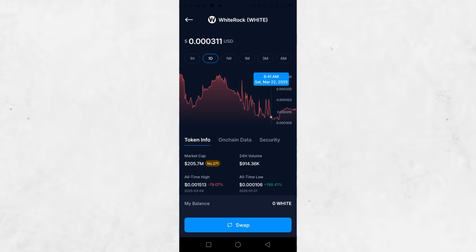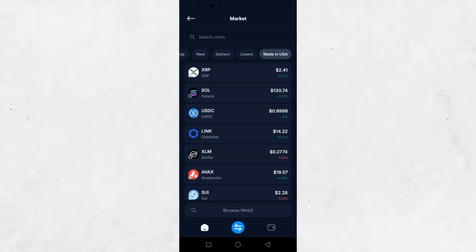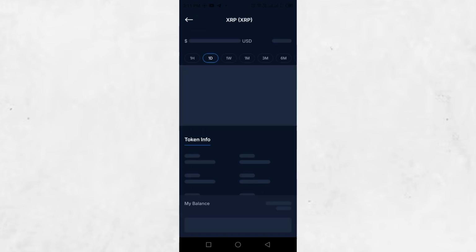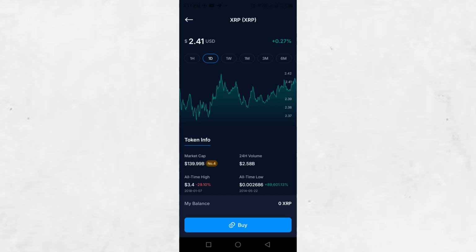The Made in USA category is dedicated to cryptocurrencies that originate from or are primarily operated within the United States. It highlights projects with a strong US market presence, regulatory compliance, and adherence to industry standards set by American financial authorities.